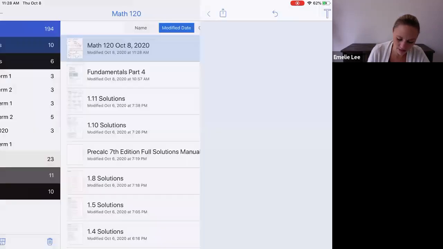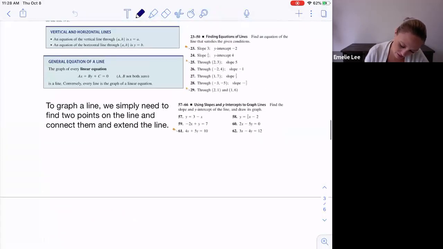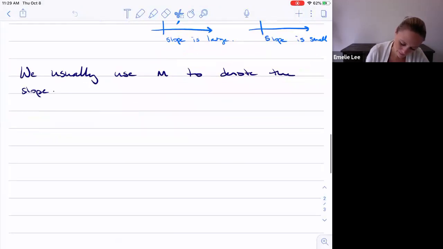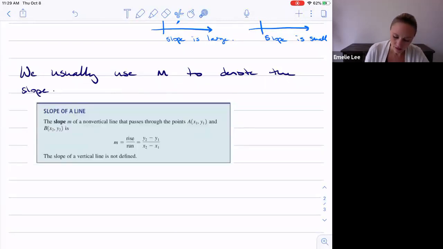So what I'm going to do is I'm going to bring this in from the notes, just so we have it for reference. So m, we said, is the rise over the run.